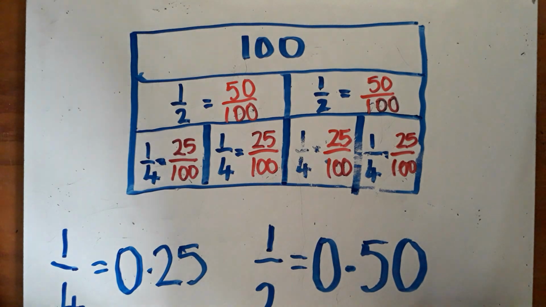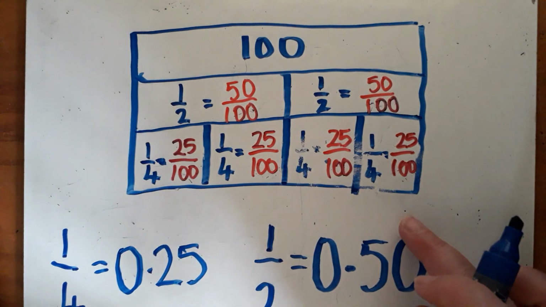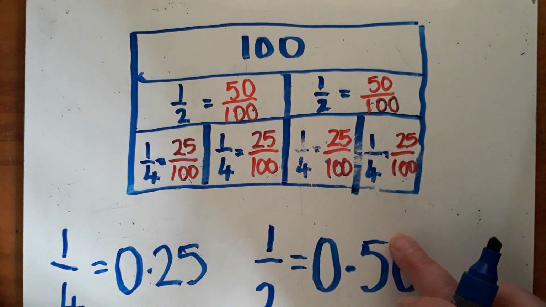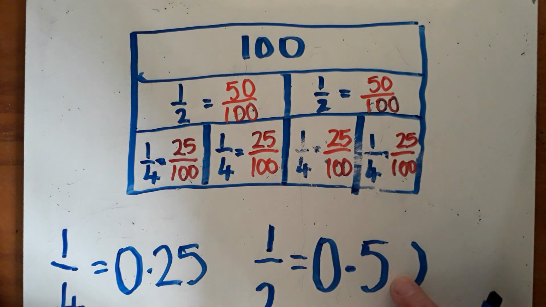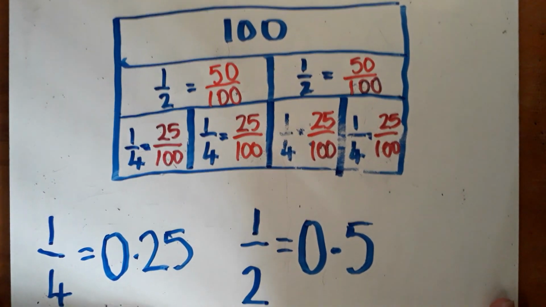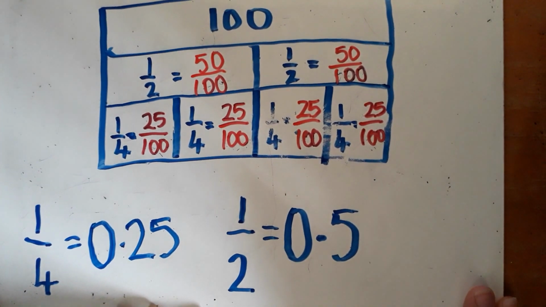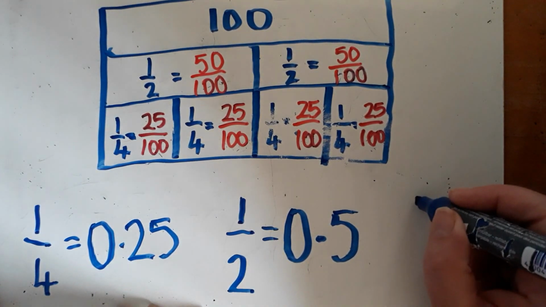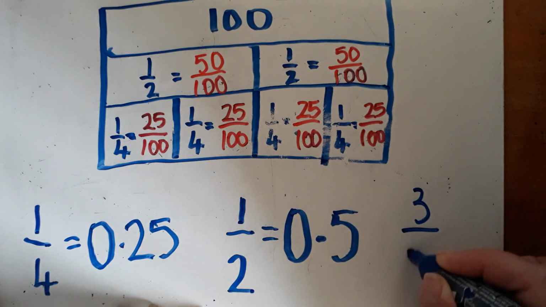Now, a lot of you are getting to grips with this: you understand that a 0 at the end, only at the end of a decimal number, is not worth anything, so we get 0.5. Right, and my last one, which I'm going to have to squeeze in, is 3/4.